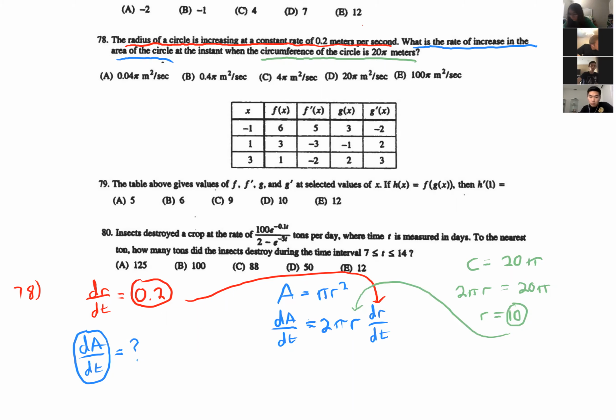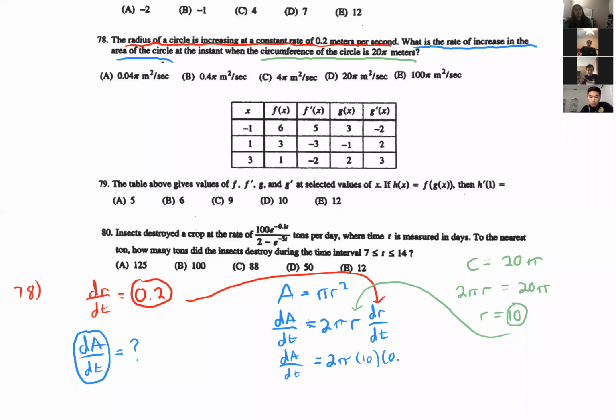So the area at the moment the radius is 10, I can find how the area is changing in terms of square meters per second. Okay, so this is going to equal 2 pi. All the answer choices leave it in terms of pi. So times 10 times 0.2.